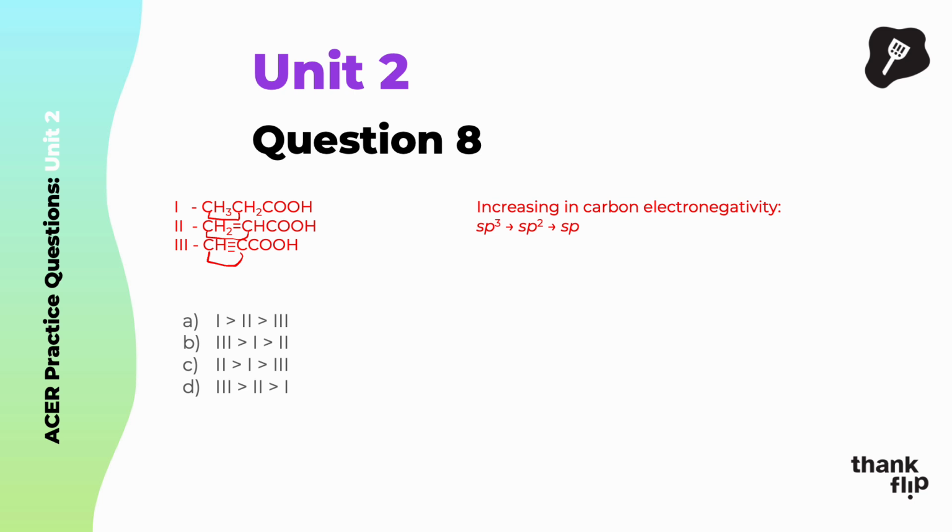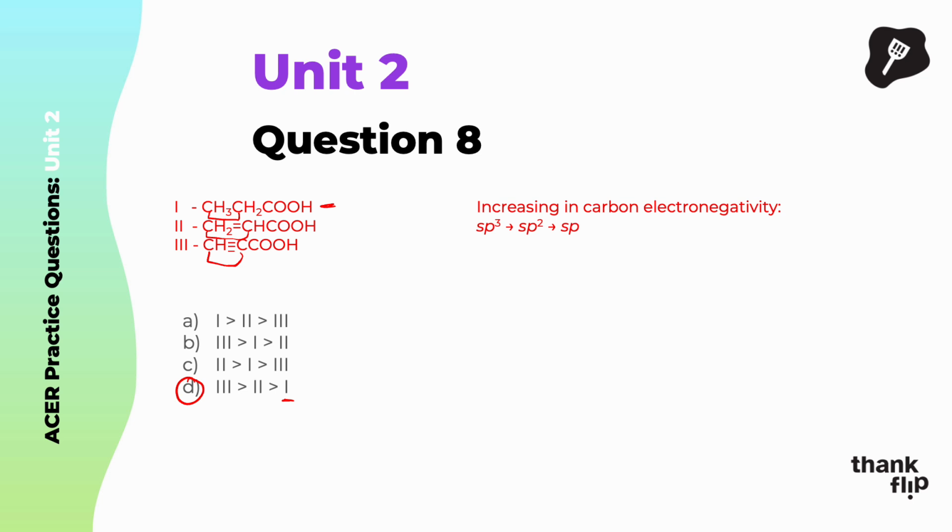Double bonds have a little bit lower than triple bonds, and then single bonds have the least electronegativity, or they're the least electronegative. And so if you know that, then you can say, all right, well, 1 has a single bond, so it's going to be the least electronegative, so you can already figure out that D is probably your answer.